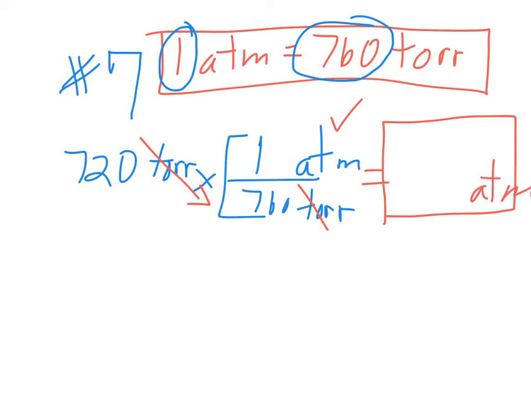So now both pressures will be in ATM. So 720 times 1 is 720. Then 720 divided by 760, how much is that? Point what? 0.95. So this is your ATM that you're going to use for number 7. We see that?